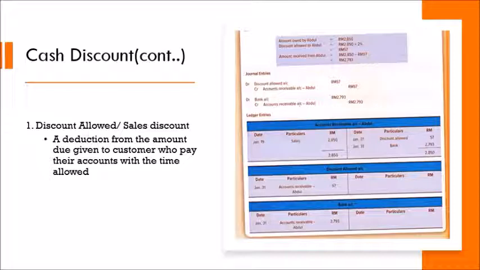If you look at your book on page 52, you can see that the amount owed by Abdul is 2,850. You multiply that amount and you will get a 57 discount. So that discount is recorded.